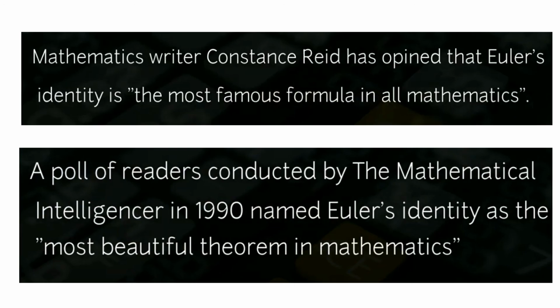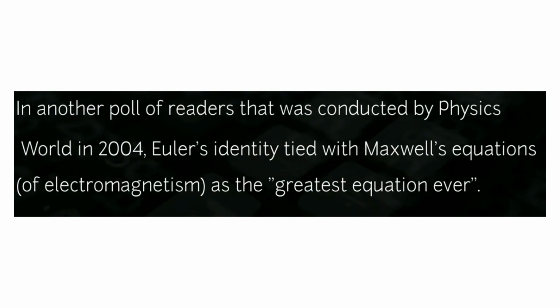And also, a poll of readers conducted by the Mathematical Intelligencer in 1990 named Euler's identity as the most beautiful theorem in mathematics. In another poll of readers conducted by Physics World in 2004, Euler's identity tied with Maxwell's equations as the greatest equation ever.